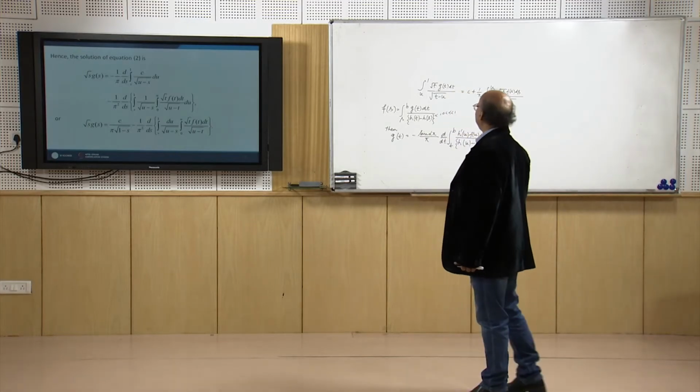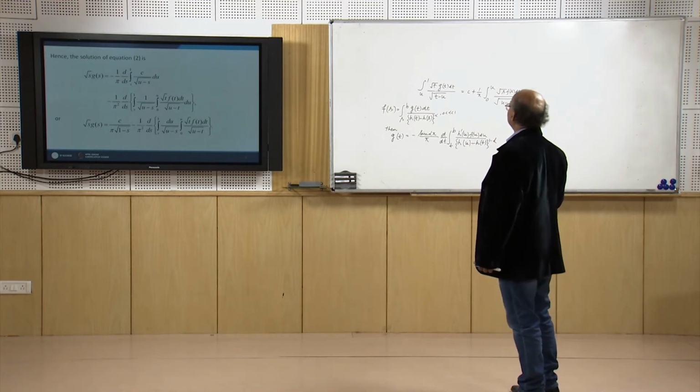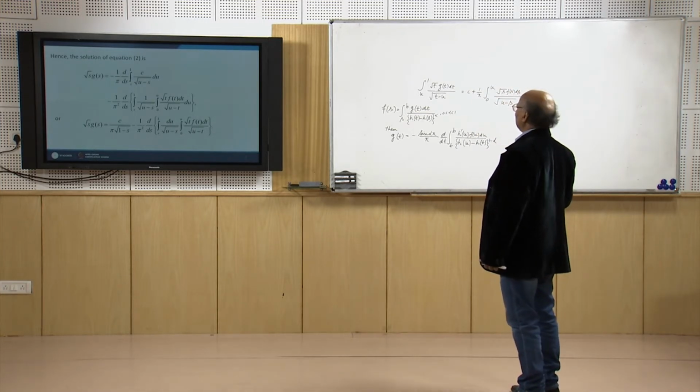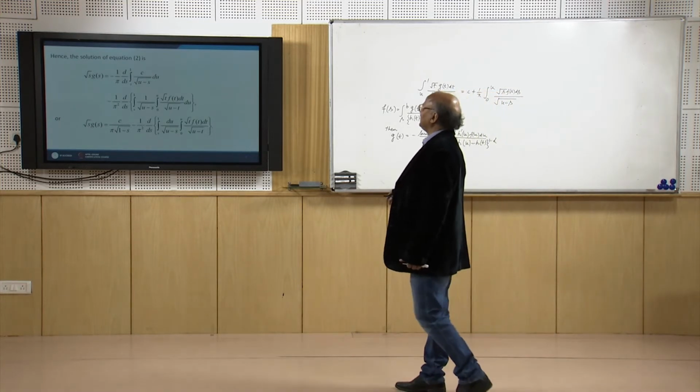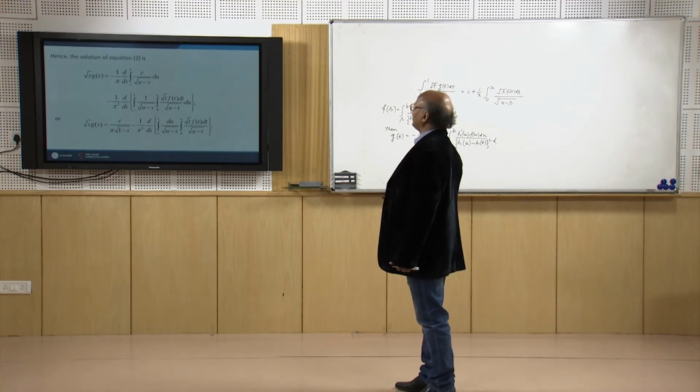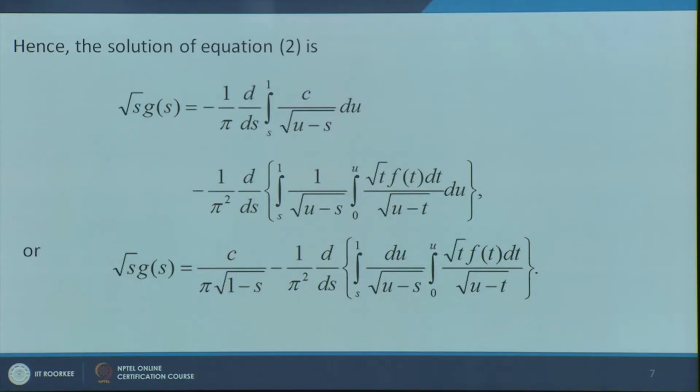When we make use of this solution of Abel's integral equation, we get integral root s gs equal to minus 1 over pi d over ds integral s to 1 c over under root u minus s du minus 1 over pi square d over ds integral s to 1 over square root u minus s, 0 to u square root t ft dt over square root u minus t du.